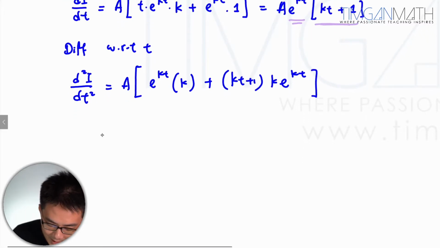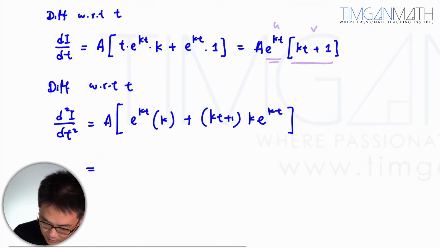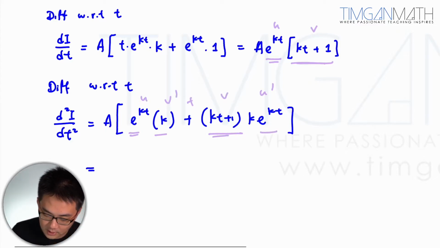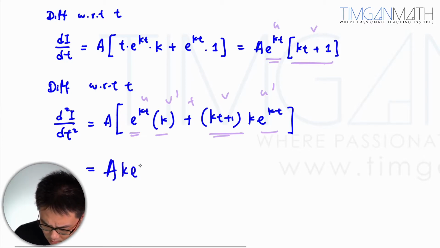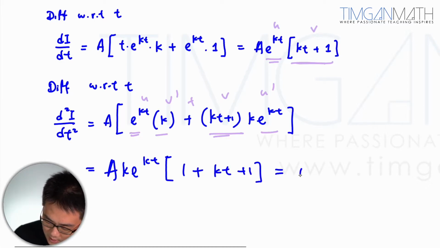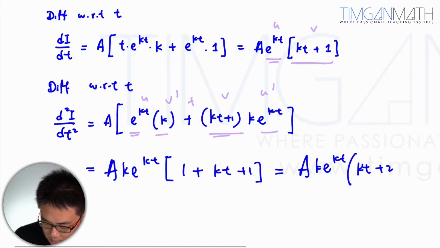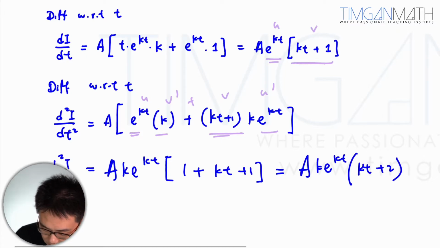So we factorize out the same thing. Be very mindful, be very careful. Factorize out the k and A, k, e^(kt). So this is 1 plus kt plus 1, which is A k e^(kt)(kt + 2). Alright, so there you go.